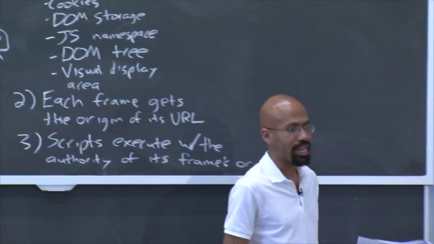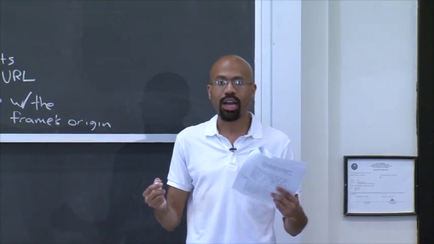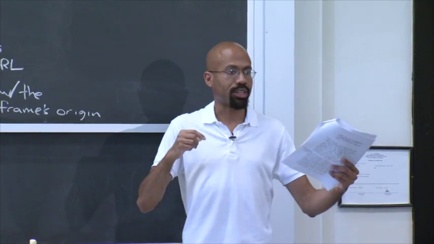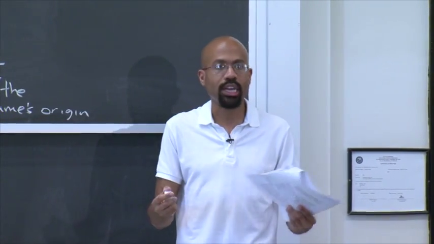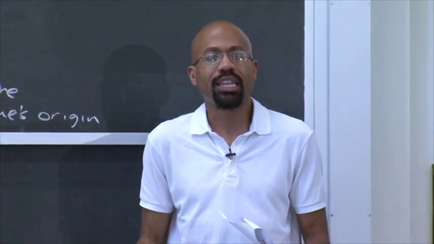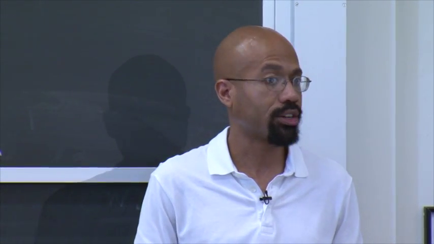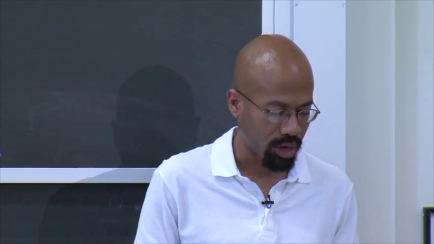Okay, so what that means is that foo.com imports a JavaScript file from bar.com. Well, that JavaScript file is going to be able to act with the authority of foo.com. And so, loosely speaking, this is similar to, if you were in the Unix world, running a binary that belonged in someone else's home directory, right? That thing would execute with your privileges there.